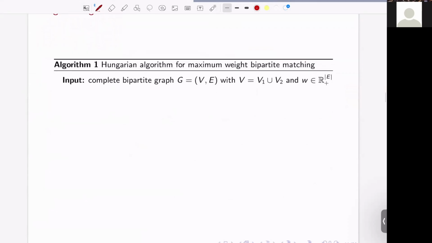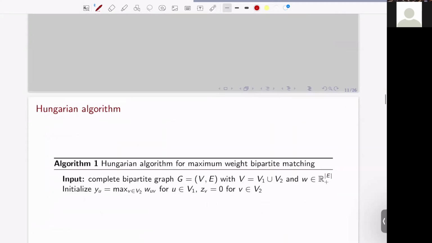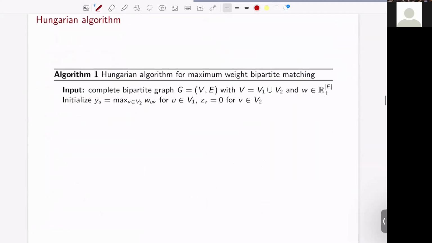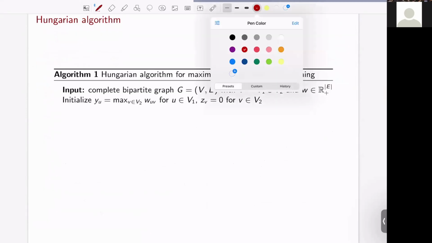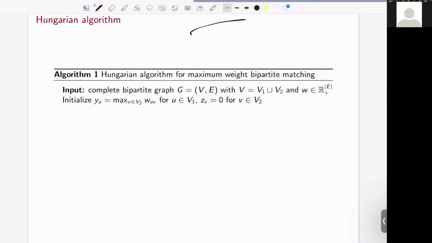So we have a complete bipartite graph. Imagine this graph with y variables at the top and z variables at the bottom. For the bottom vertices, I set their variables to 0.